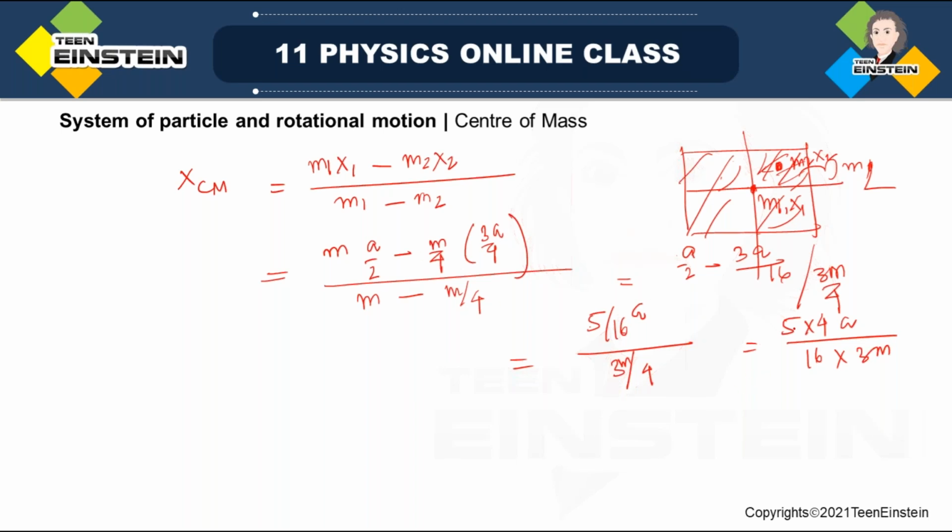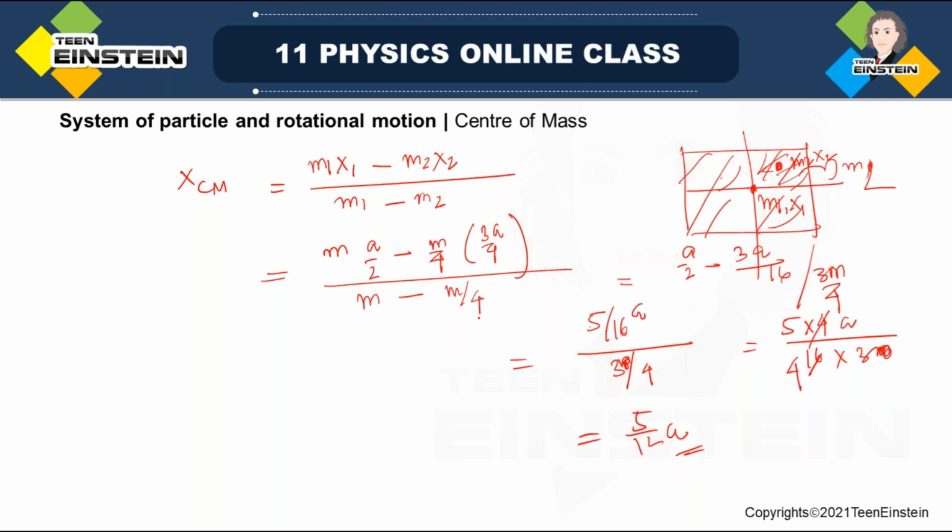M up and down will go away. So now this is 4, so 5 by 12 a. So 5a by 12 is found to be the x coordinate.